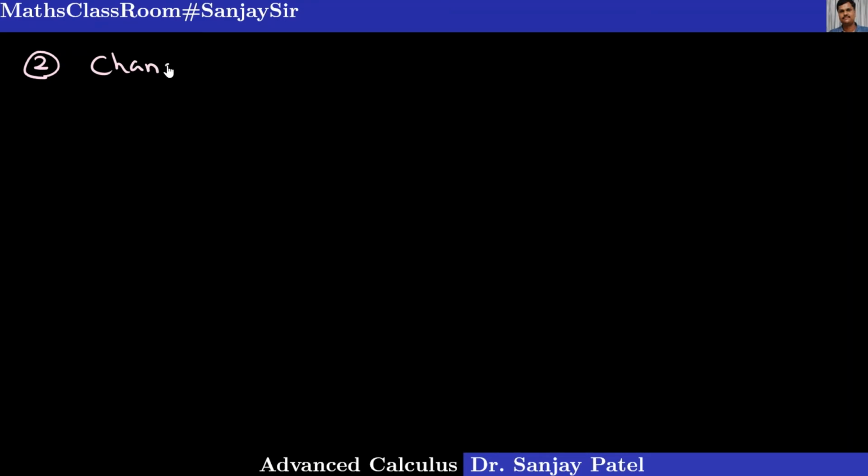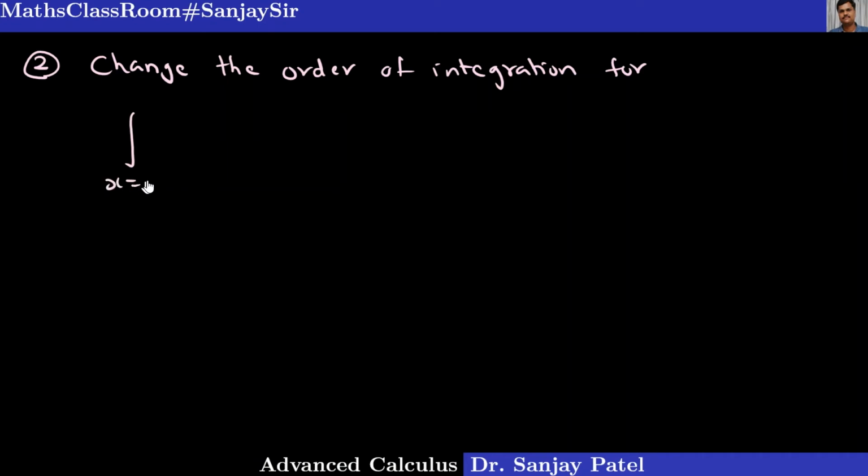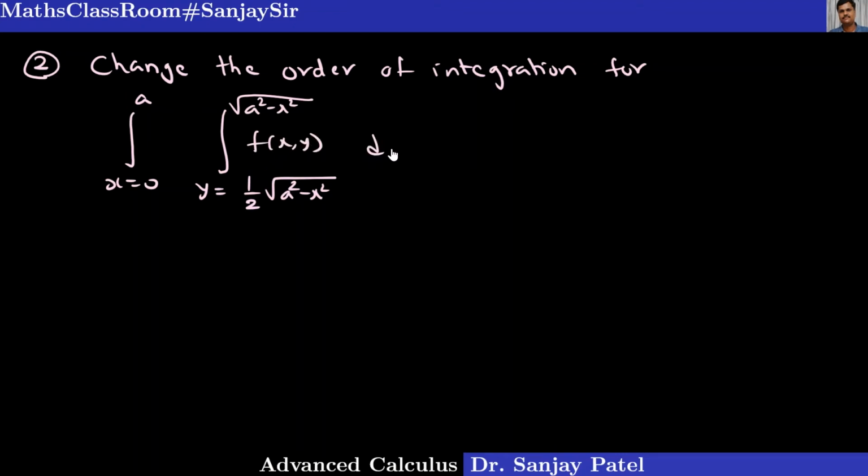Change the order of integration for the integral with x from 0 to a, then y from 1 by 2 times square root of a square minus x square to square root of a square minus x square, of f of x comma y, dy dx.